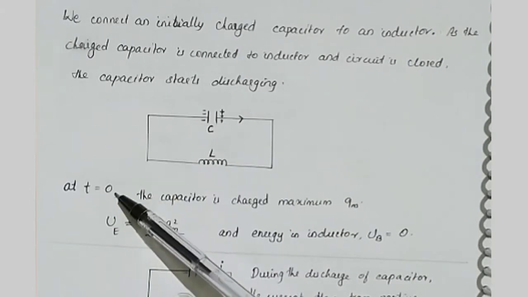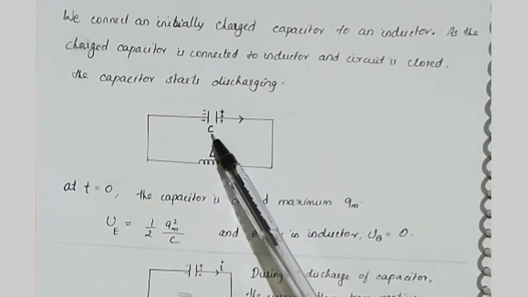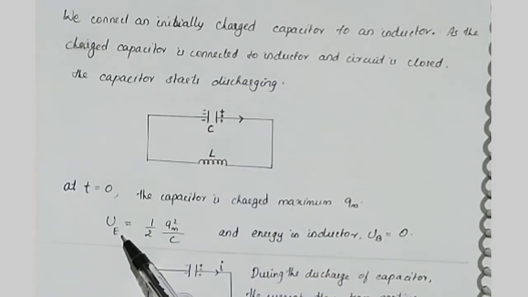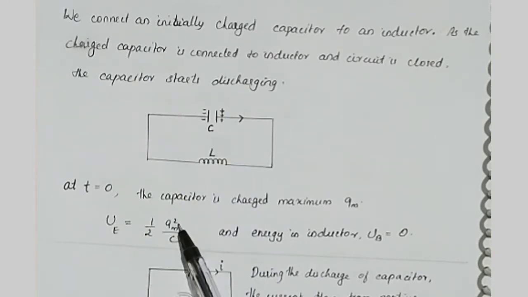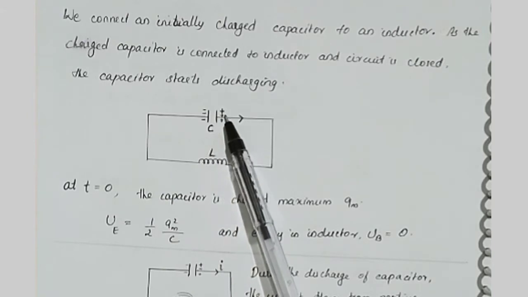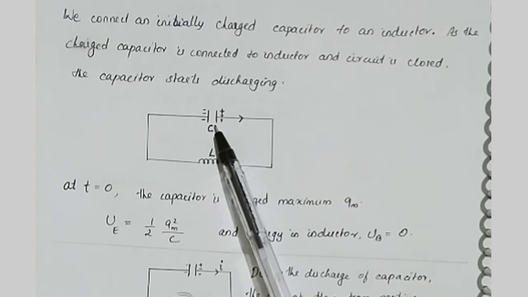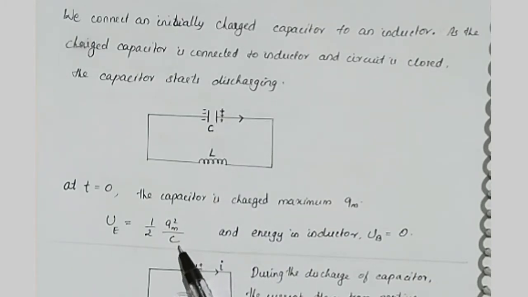So at time t equal to 0, that is at the initial stage, the electrical energy UE stored in our capacitor will be half Qm square by C, where Qm is the maximum charge of this capacitor. So the capacitor is charged to its maximum and the charge is Qm, and the electrical energy stored in this capacitor is half Qm square by C.